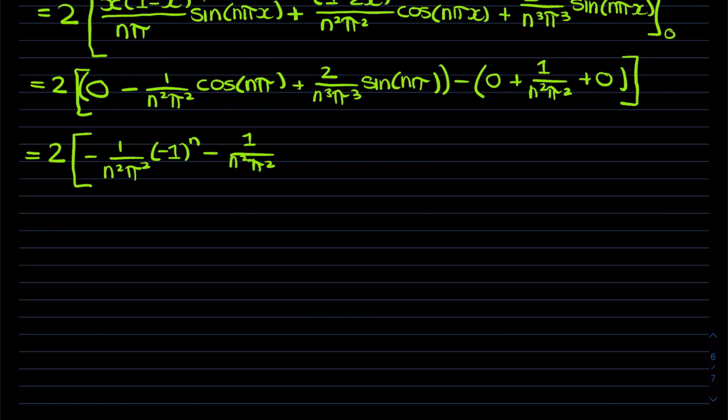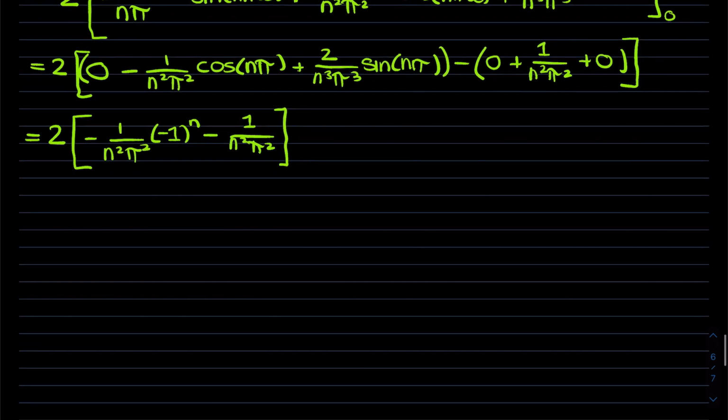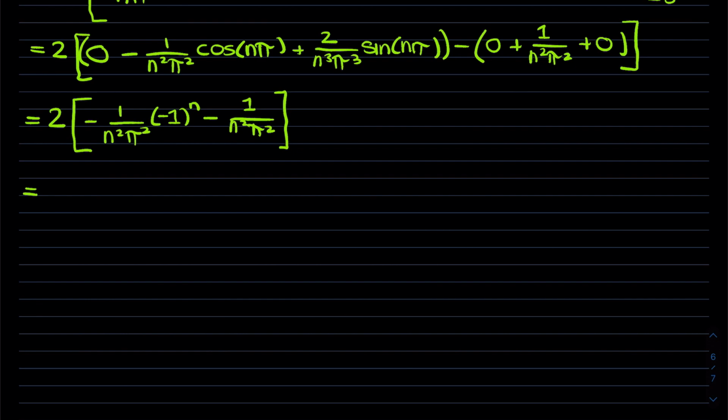Yep, because the sine of n pi also vanishes, because that will always equal 0. So then, simplifying further again, minus 1 over n squared pi squared times minus 1 to the n plus 1.